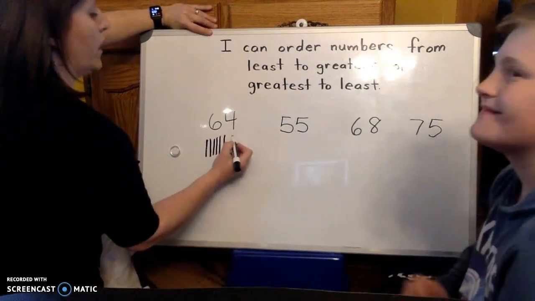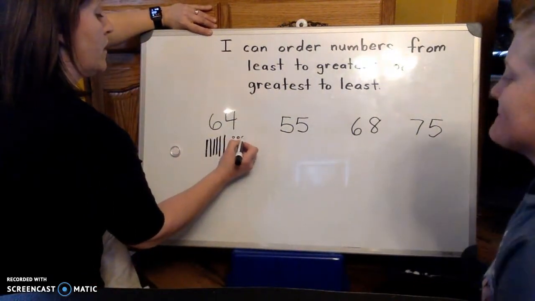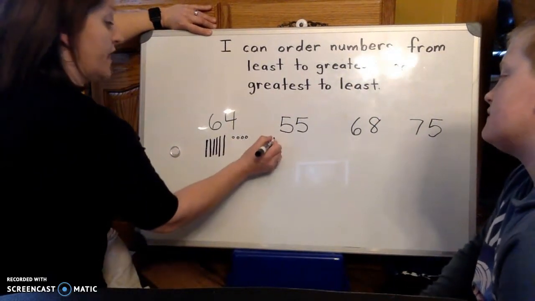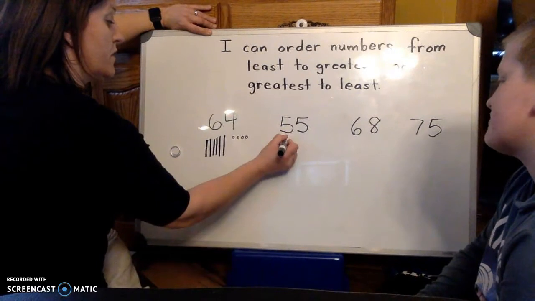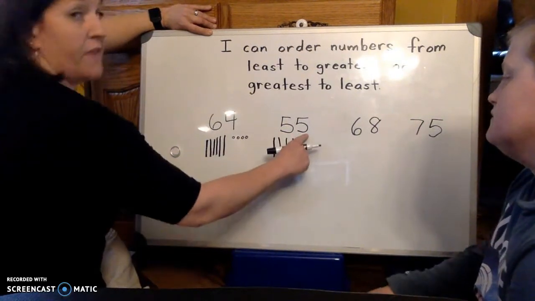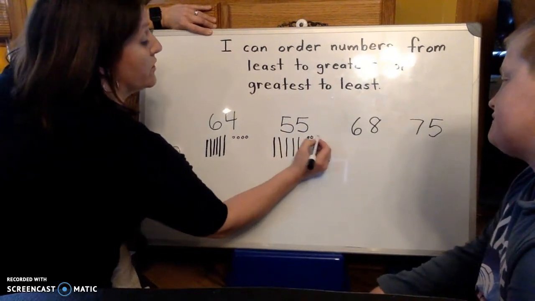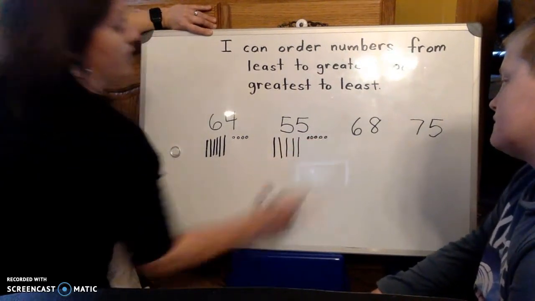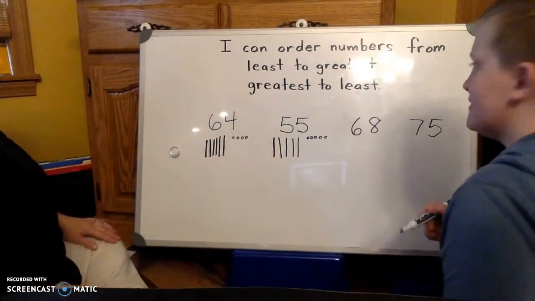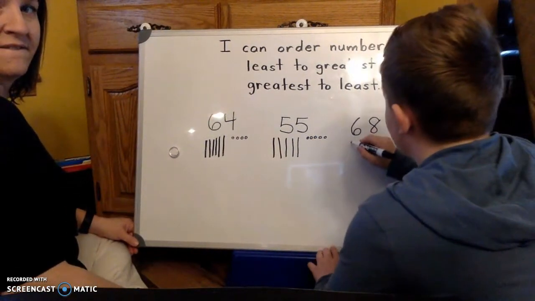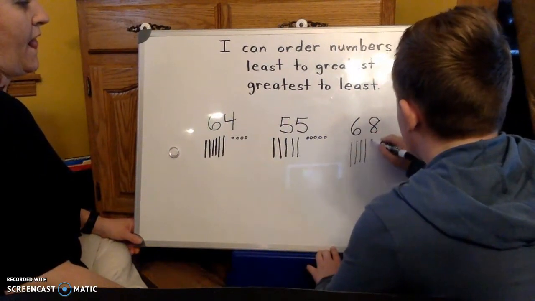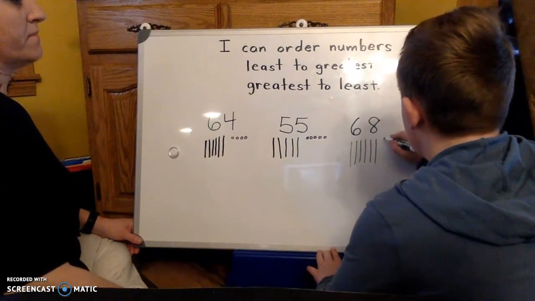And then it has 4 ones. 55, 5 tens, and 5 ones, 1, 2, 3, 4, 5. Yeah, we can see. 6 tens in 68, and 8 ones.